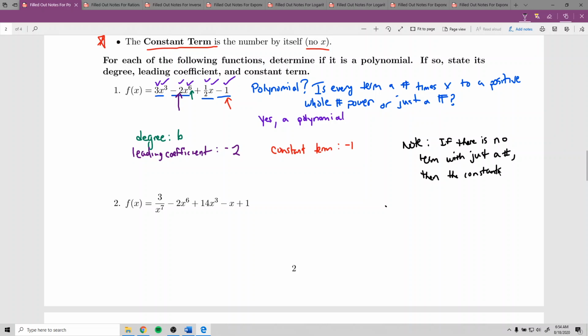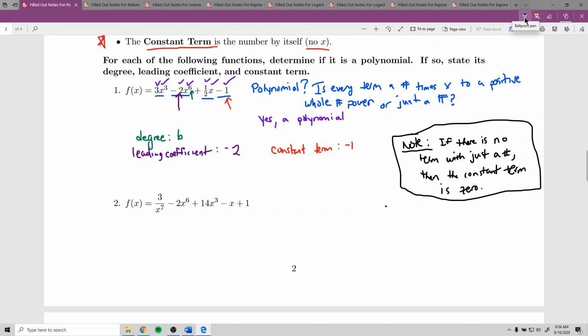It's just like having a +0 at the end. Right. So that can happen. If this -1 wasn't here, visually, if it was gone, so we just had these first 3 things, we wouldn't say the constant term is D and E. We would just think about it being a +0 at the end, because really there is a 0 there. We just would never write it in.